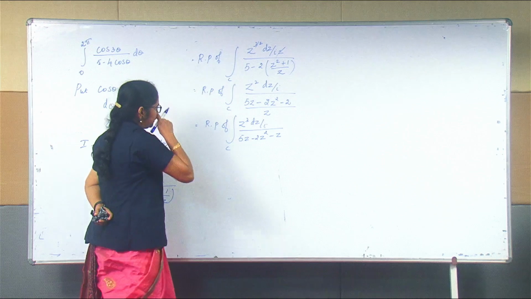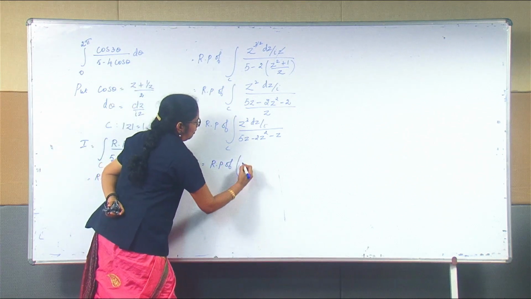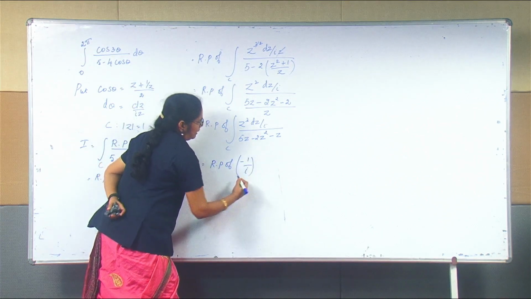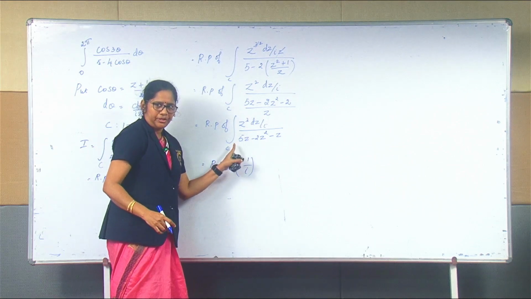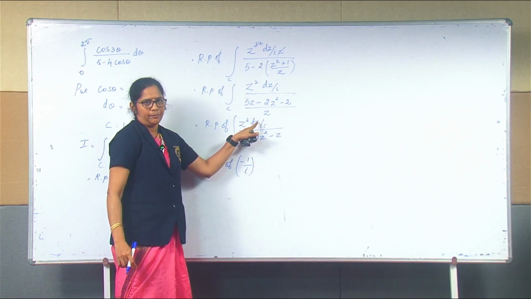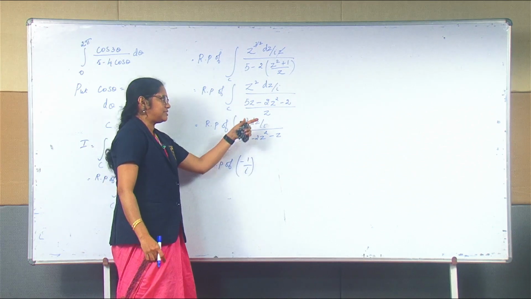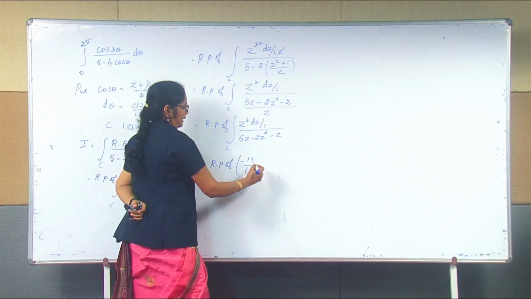So a real part of minus 1 by i. This minus is from here, this i is from here. This is the numerator and denominator. Because this term is a constant, it's unnecessary to keep it inside the integration.